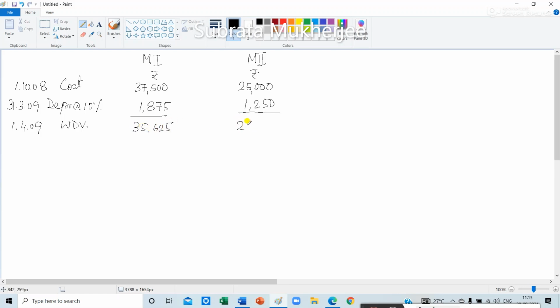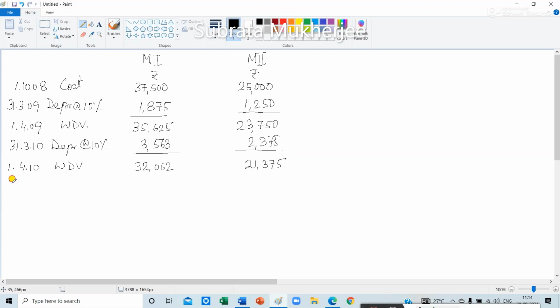So the 1st April 2009 written down value of machine 1 is 35,625 and machine 2 is 23,750. On 31st March 2010, you need to charge depreciation at the rate of 10% on the written down value, that is 3,563 and 2,375. So the written down value on 1st April 2010 is rupees 32,062 and 21,375.